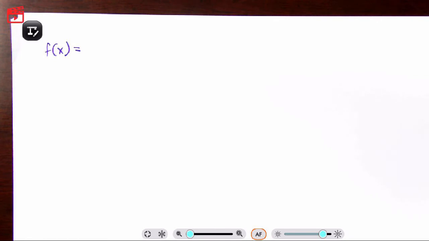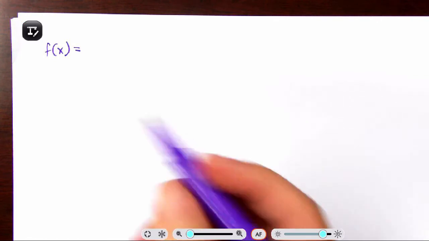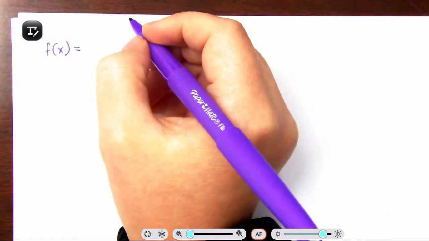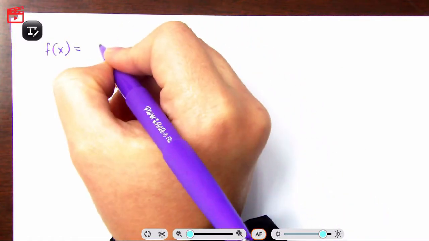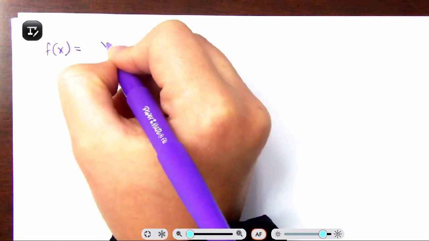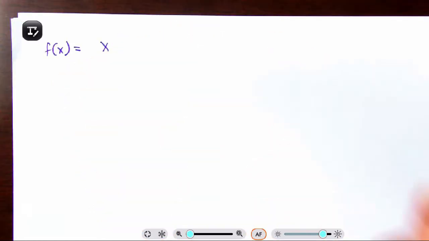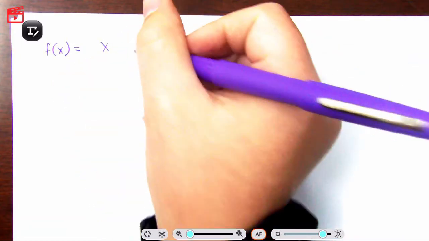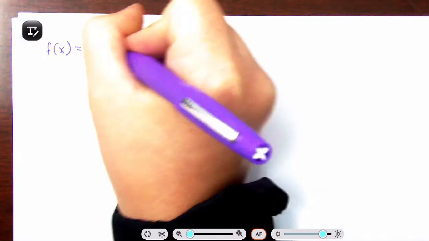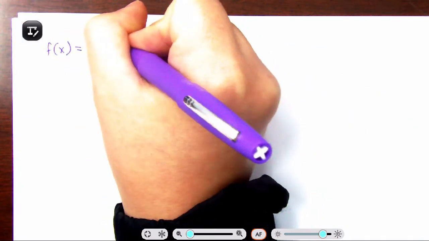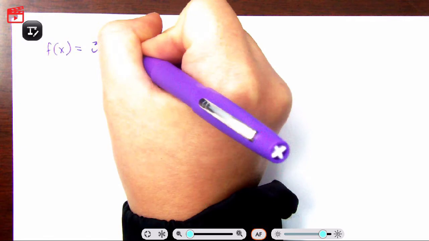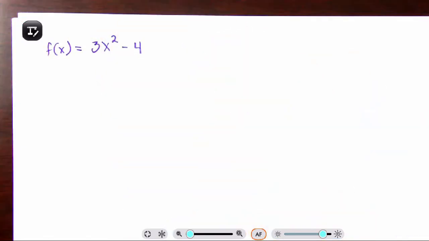Oh, I don't know. Let's do this one. I'm going to make one up, you guys. Let's just make one up. Let's do a quadratic to make it easier.